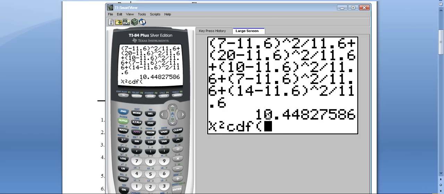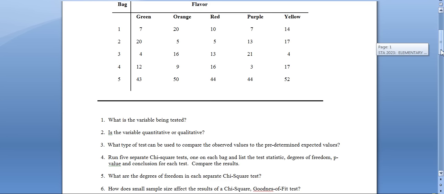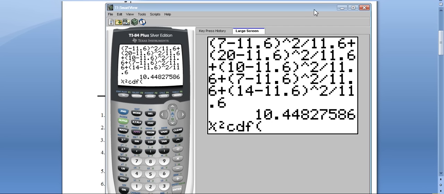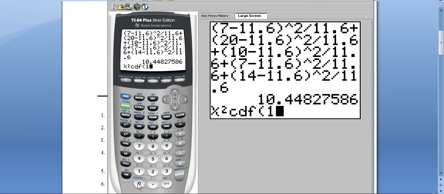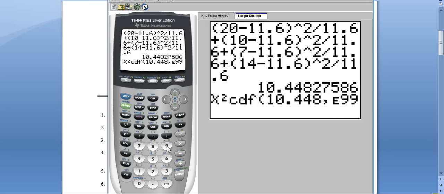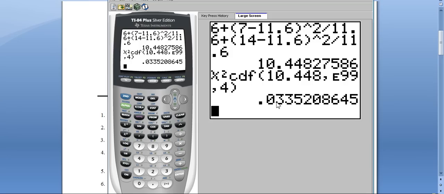So we're going to put in our test statistic, 10.448, comma, and then E99, because it's going from this point off to infinity to the right under the chi-square curve or distribution, and then comma the degrees of freedom, which is 4. We hit enter. Our p-value is 0.0335.